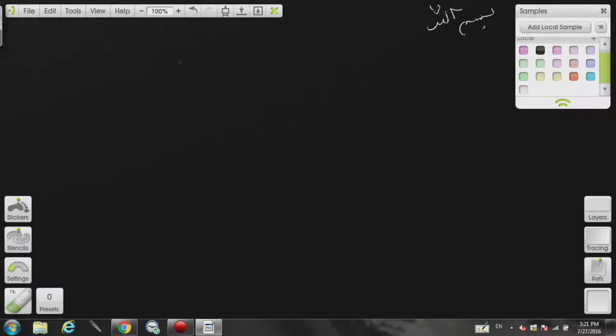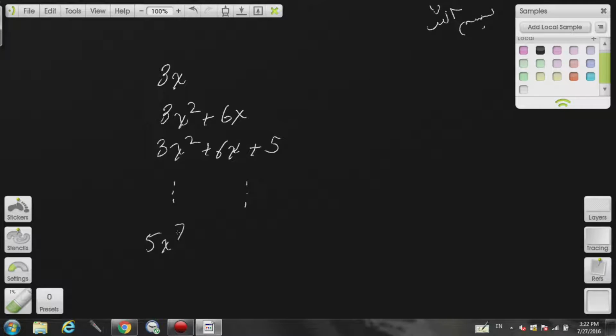First, I just want you to appreciate that this is a monomial. This is a binomial. And this is a trinomial. And if you keep going like this, let's say if I have 5x to the 7th plus 6x to the 6th plus 3x to the 5th minus 4x to the 4th minus x cubed plus 4x squared minus x plus 6.